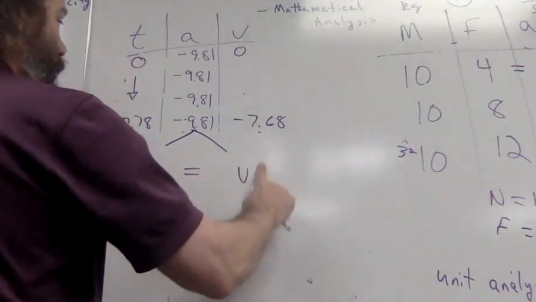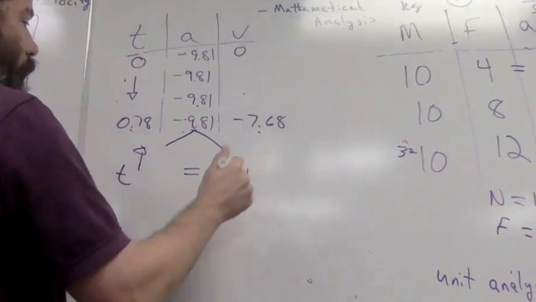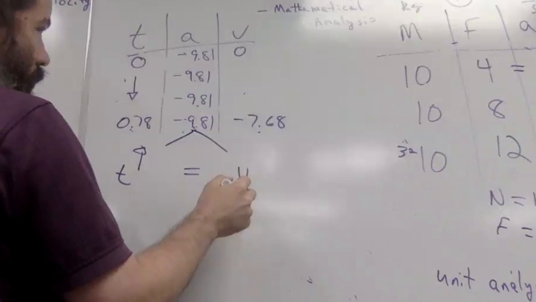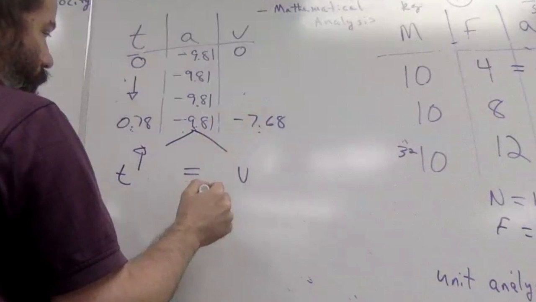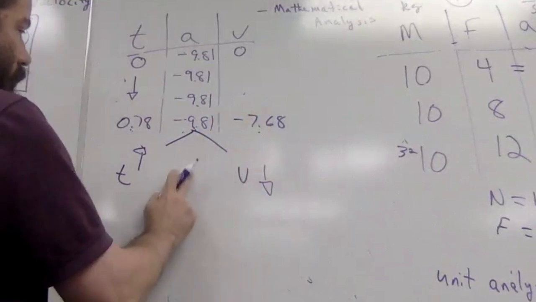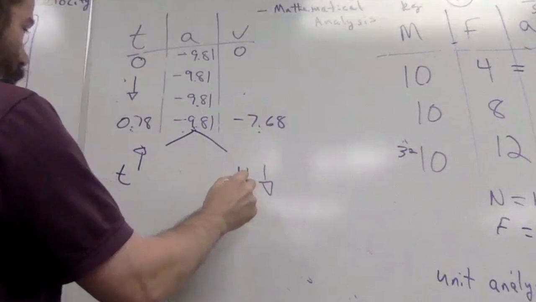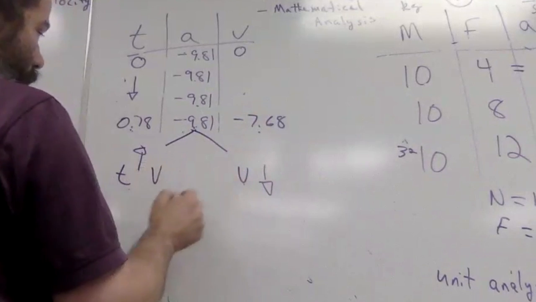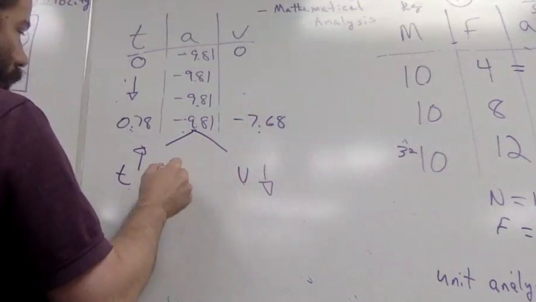If, for example, like that one over there, they would still go in the opposite direction. If they go in opposite directions, more than likely, they're going to be on the same side of the equation, multiplying times each other, okay?